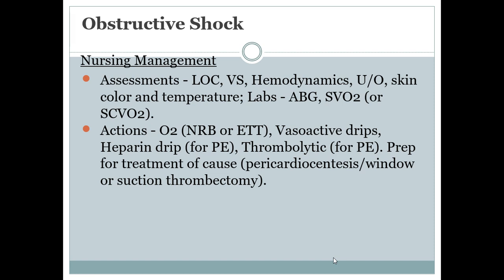Nursing management is very similar to the others. We'll do assessments: LOC, vital signs, hemodynamics, urine output, skin color and temperature, all of our labs, ABG, SvO2 or ScvO2. We're going to make sure we apply oxygen as needed. We'll do vasoactive drips, a heparin drip for a PE, or even thrombolytics for a PE. And then we'll try and prep for the treatment of the cause. So are we going to do pericardiocentesis, a suction thrombectomy?